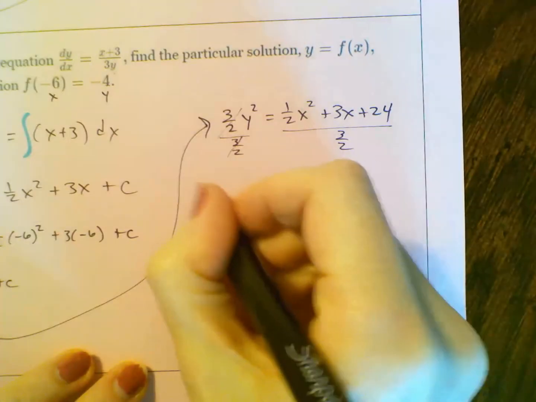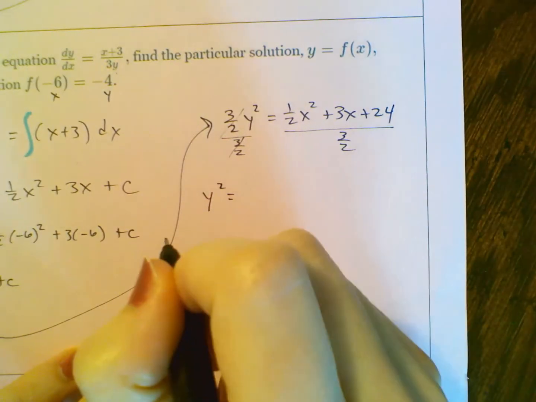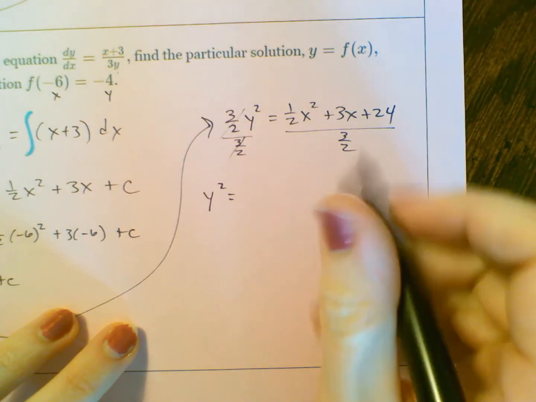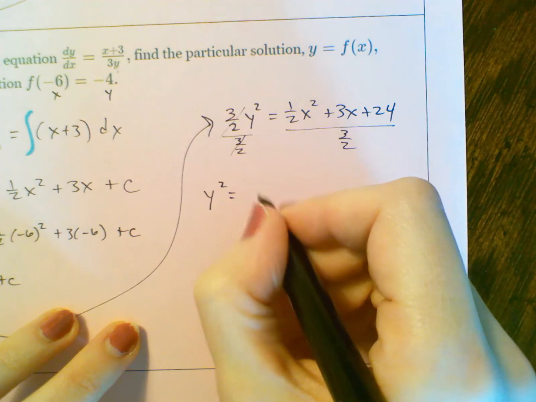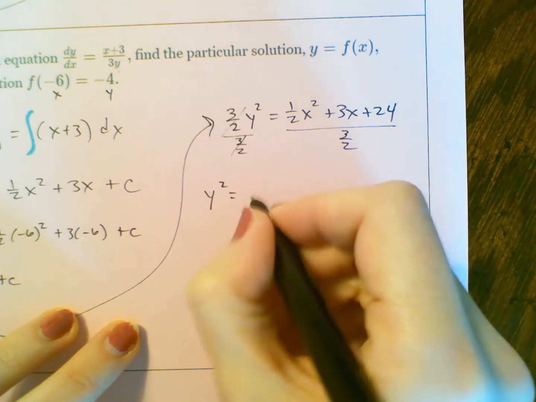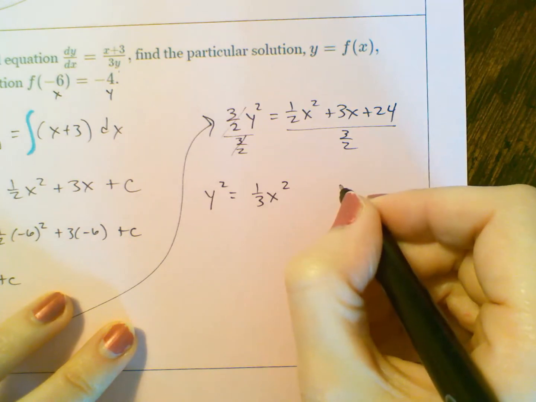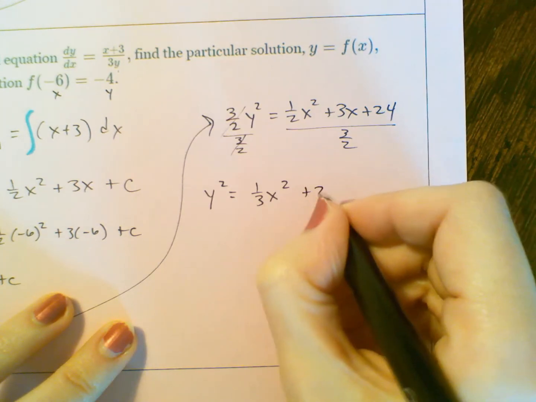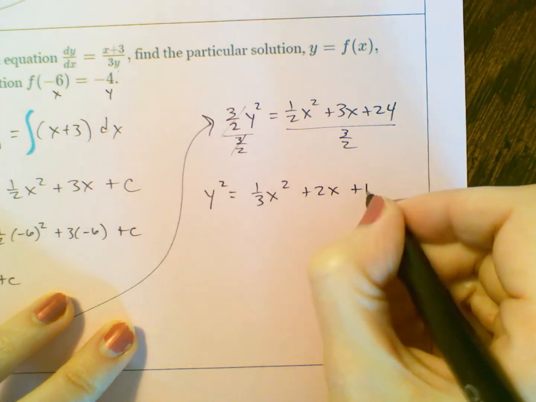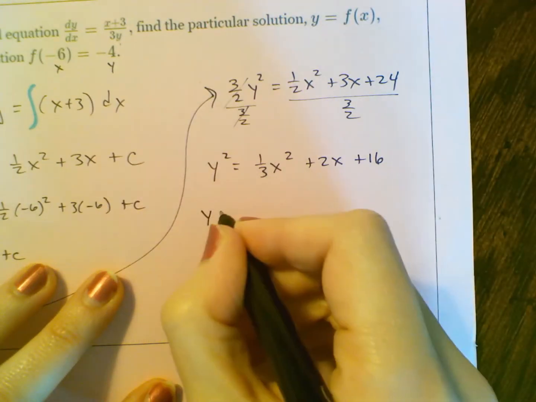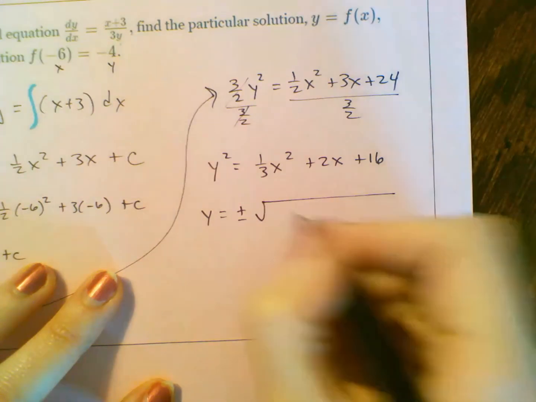But anyway, you end up with, I gotta do this right. So 1/2 divided by 3/2 is 1/3. So this is 1/3 x squared plus 2x plus 16. And then we got to get y by itself. So y is plus or minus.